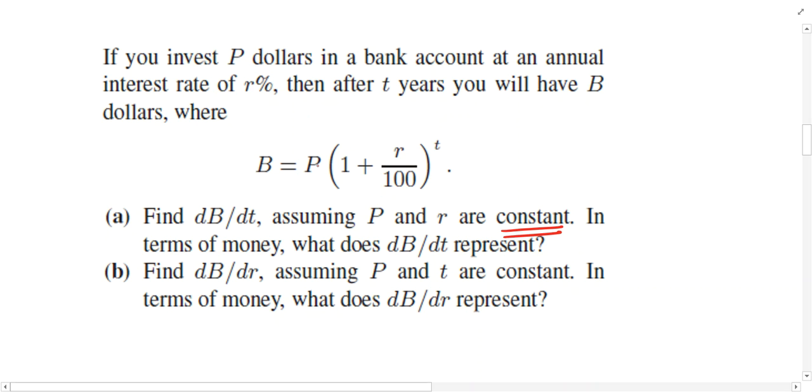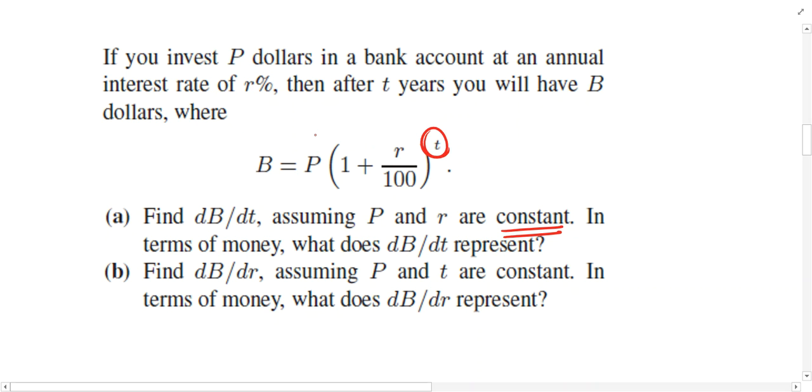We don't know what the values for P and R are, but we do know that these represent some constant value. They're not changing. So when computing our derivative, the independent variable is the letter T, and the dependent variable is the letter B. Those are the only two values that will change in this equation. With that known, we can compute the derivative of B with respect to T.